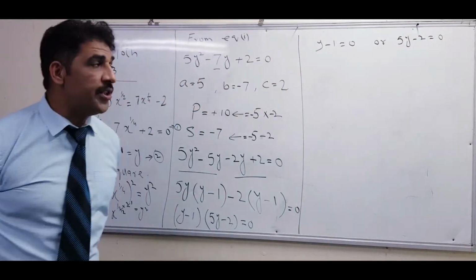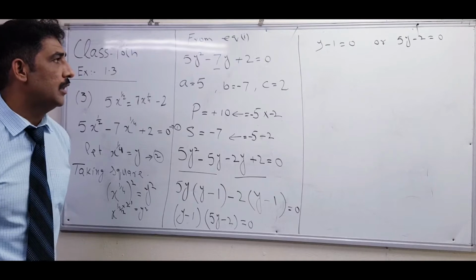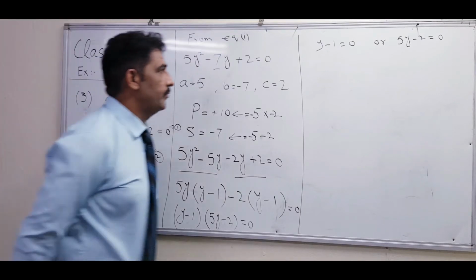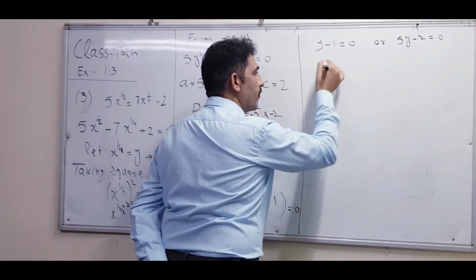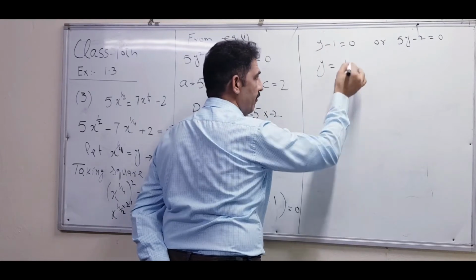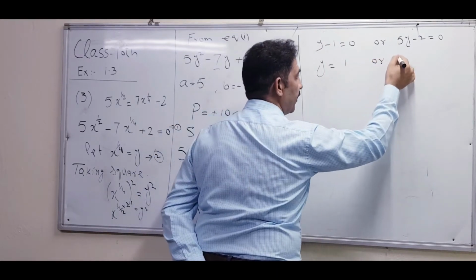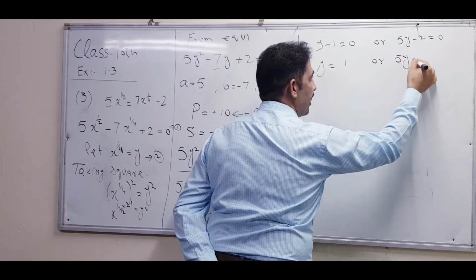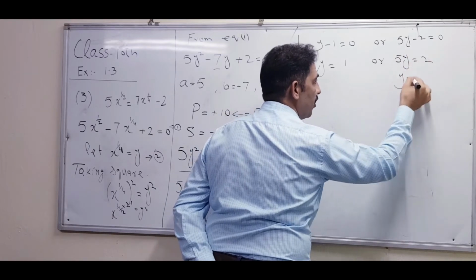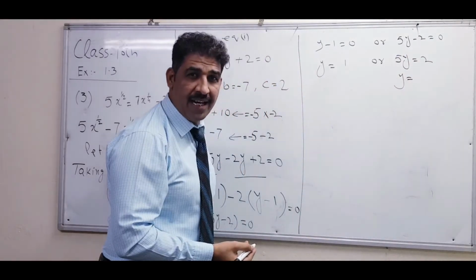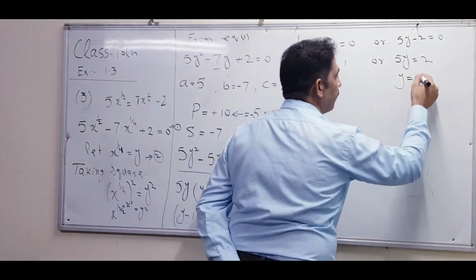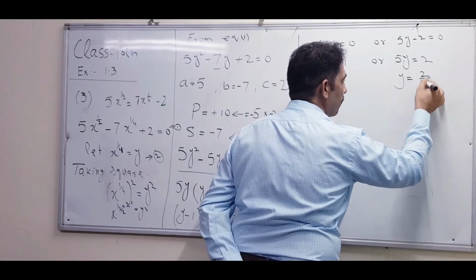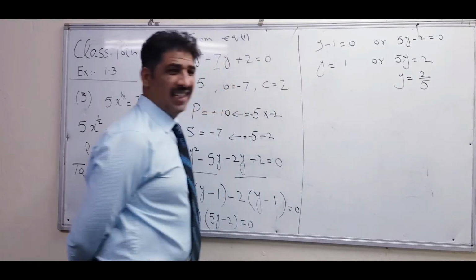So what is the value of y? Minus 1 shifting to the other side gives 1. Or here 5y is equal to 2, and y is multiplying on the other side, so divide. Good. 2 over 5.